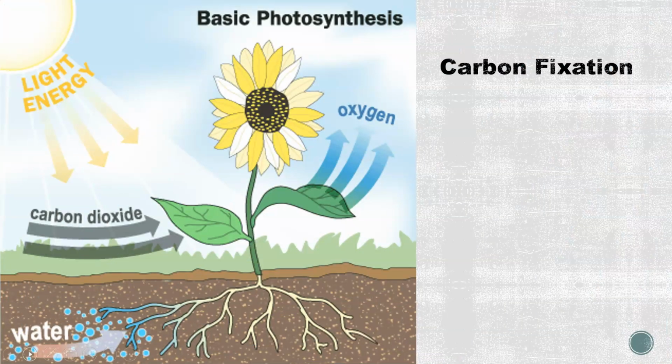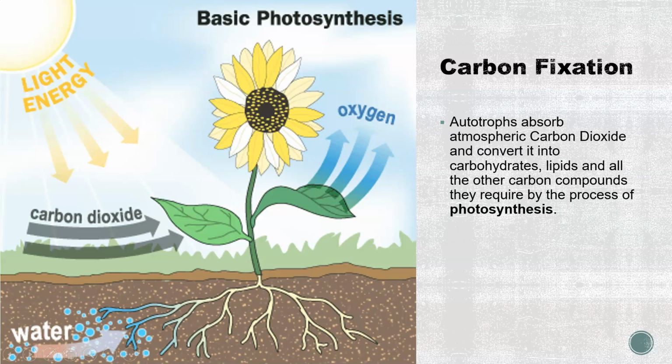So let's have a think about, first of all, carbon fixation. We've got our autotrophs, and they absorb atmospheric carbon dioxide and convert it to carbohydrates, lipids, and all the other carbon compounds they require through the process of photosynthesis.